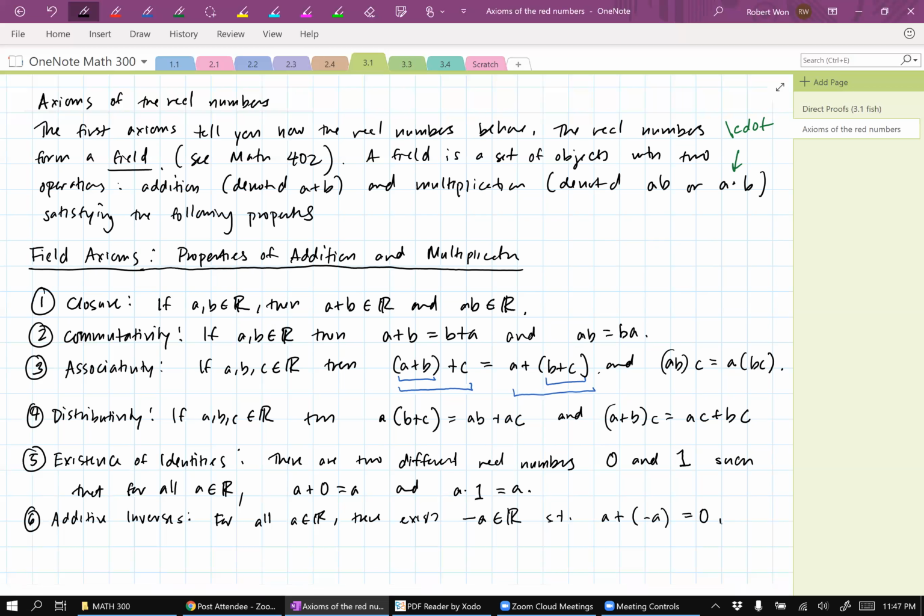Okay, so I'm assuming anytime you have a real number, there is some other real number, which, by the way, could be the same real number, right? But I'll call it negative a, that has the property that if I add it to a, I get this additive identity that I assumed existed in axiom 5.